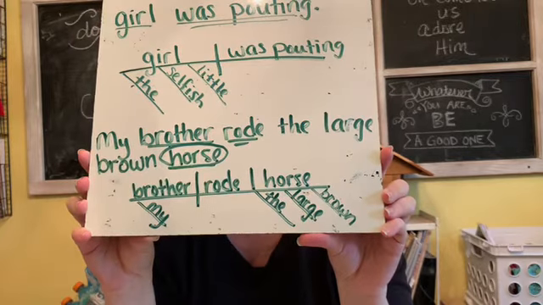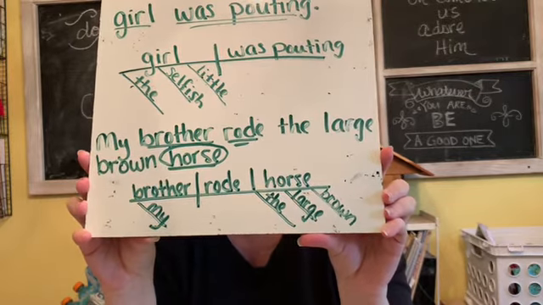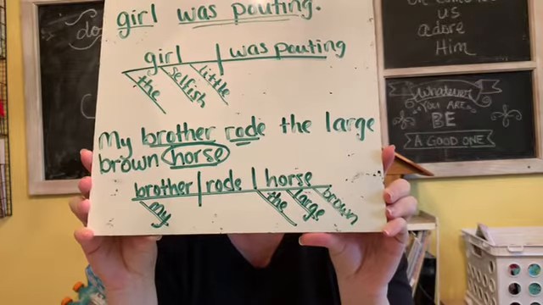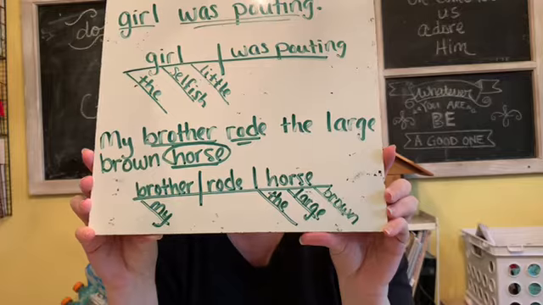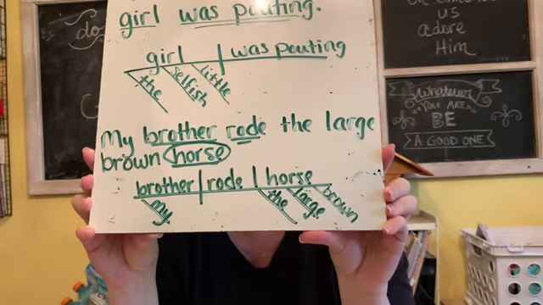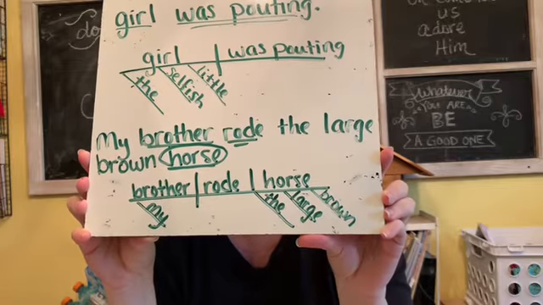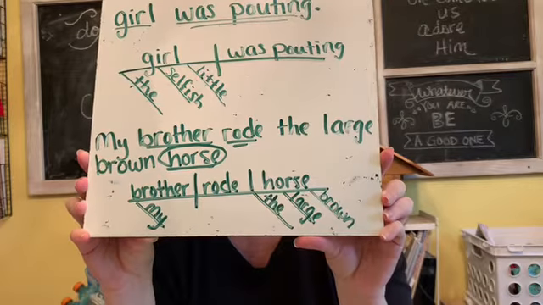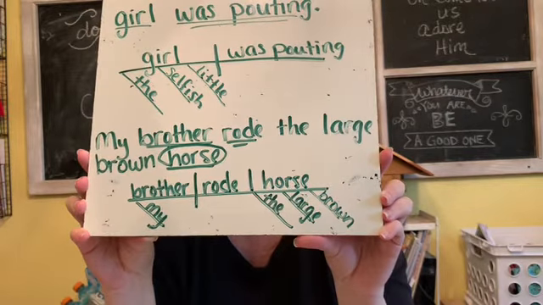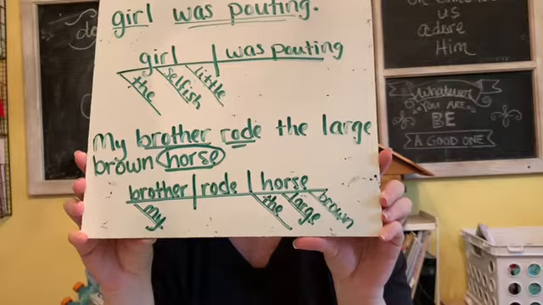We know that the is an article, therefore it is an adjective. Which horse? It was the large horse. What kind of, what color? It was the brown one, okay? So I diagram the large brown under horse because that is the noun that it describes, okay?